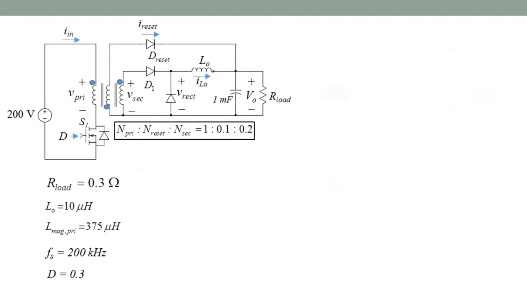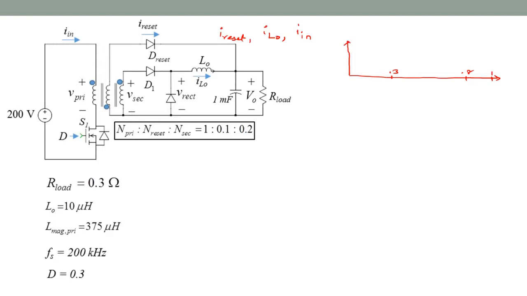Okay, so we can move on and draw the current waveforms, and the required currents are I reset, the output filter inductor current I L out, and the input current I in. So we'll start with I reset. That would be 0.3, and the off interval 1 lasts for 0.5 as T over Ts, so this is 0.8 and here is 1.